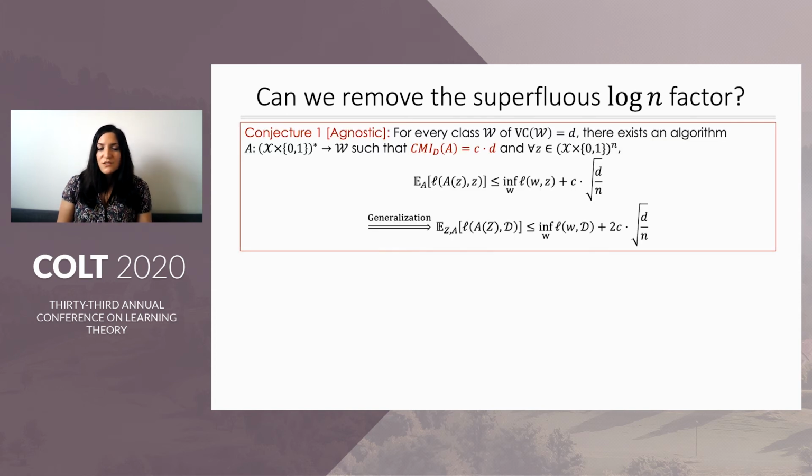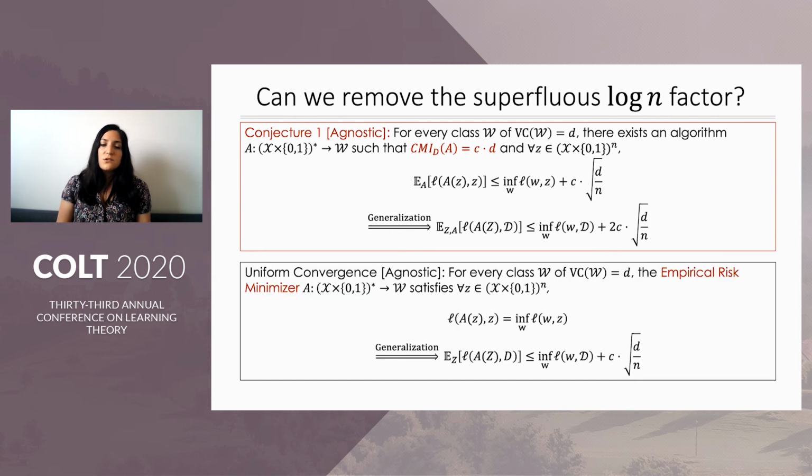We conjecture that for every class W of VC dimension D, there exists an algorithm with CMI on the order of D, which has empirical loss at most the minimum empirical loss plus square root D over N. Through the generalization properties of CMI, this would imply the desired bound on the true loss.